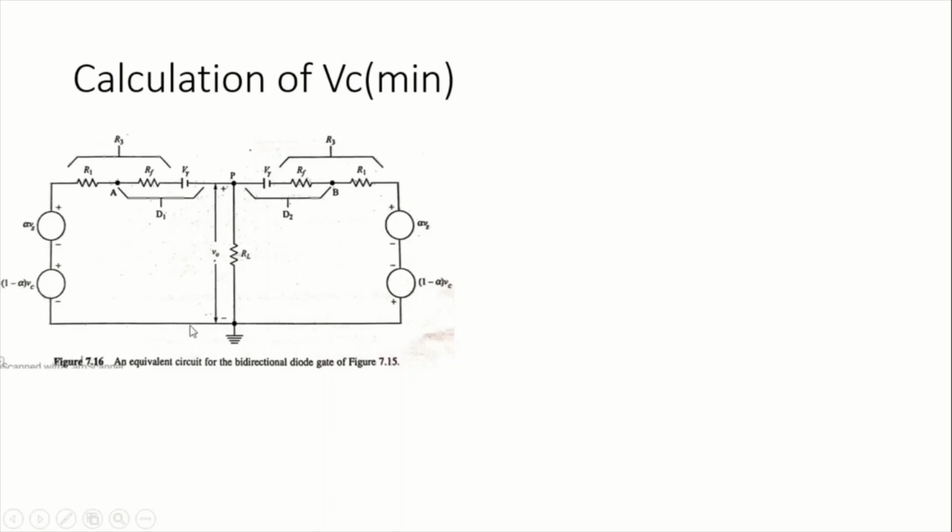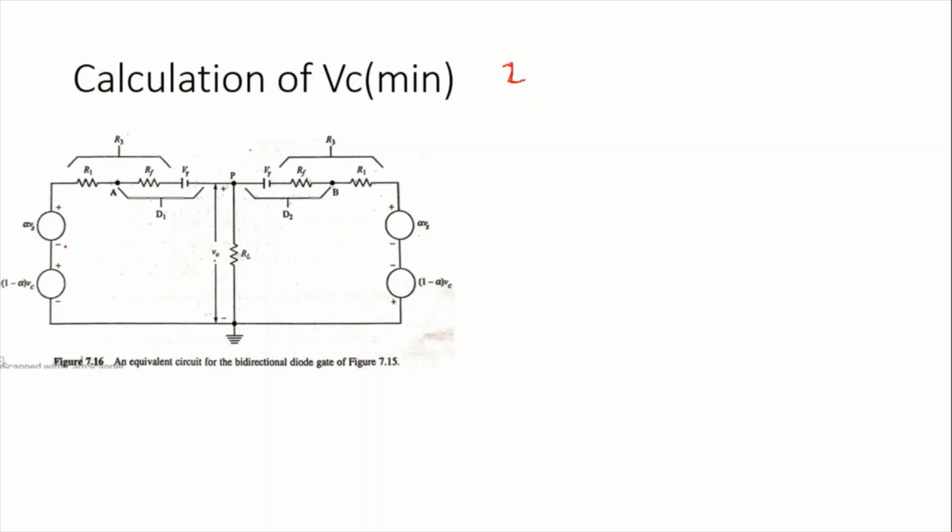So when both the control signals are given, both the diodes are forward biased, and let us say an input signal of 2 volts is applied across this.